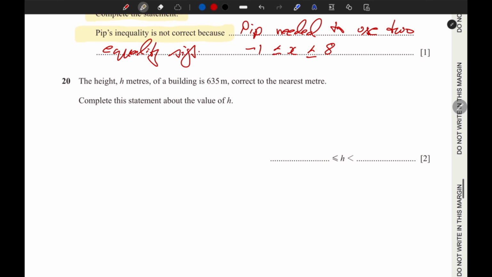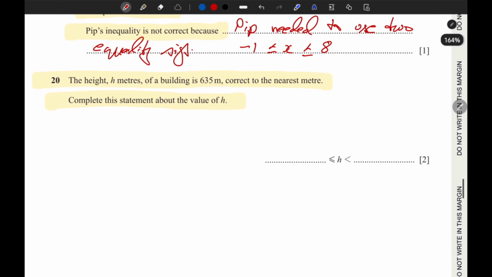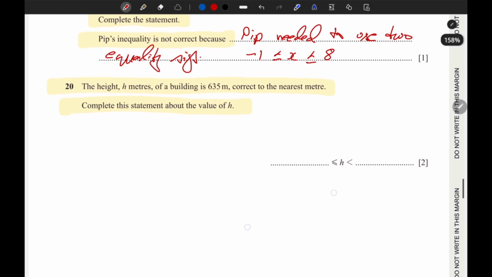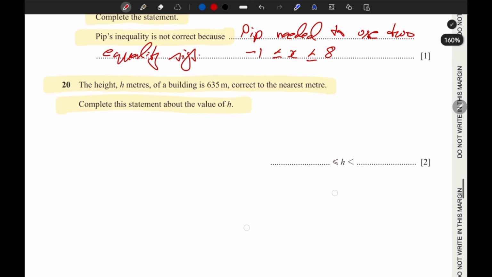Now question 20. The height h meters of a building is 635 meters, correct to the nearest meter. Complete this statement about the value of h. So basically the nearest meter is 1, and what we do is divide 1 by 2, which is 0.5.